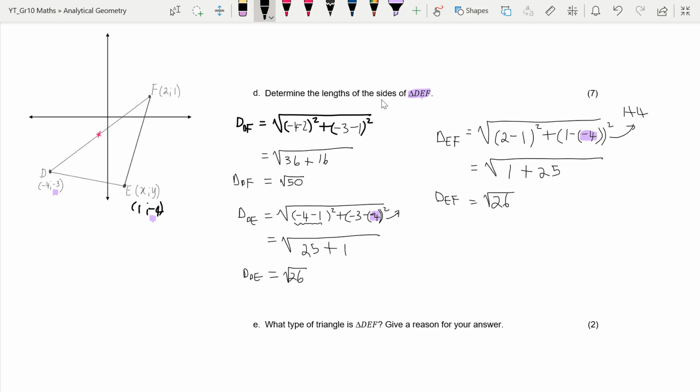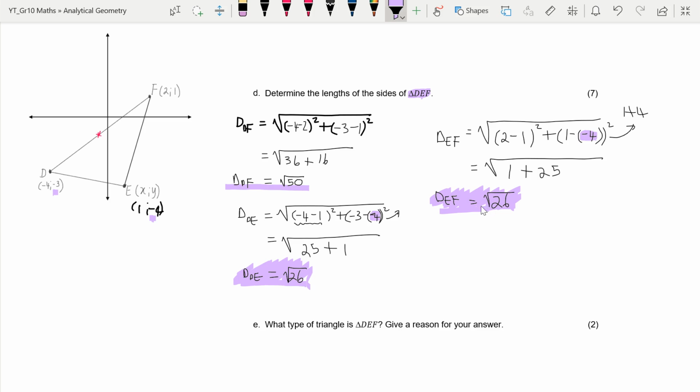So let's just have a look there. Distance of DF is the square root of 50. DE is the square root of 26, and then the distance of EF is the square root of 26. Again, you see that these are actually the same. They have the same side length.